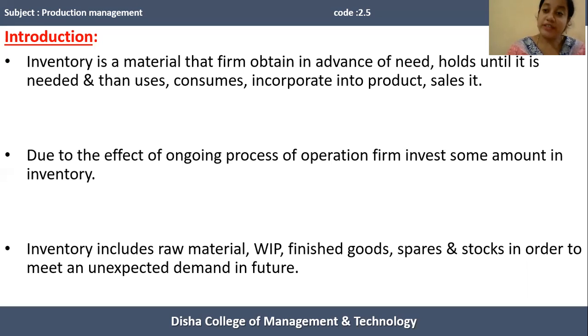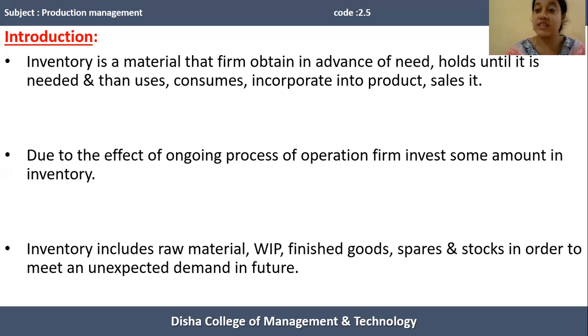So I told you that inventory is a broader perspective. A number of items come under the area of inventory. So inventory includes raw material, work in progress, finished goods, spare parts, stocks, in order to meet an unexpected demand in future. Means for meeting the demand in future, whatever items are required come under the area of inventory, and those items are known as inventory.